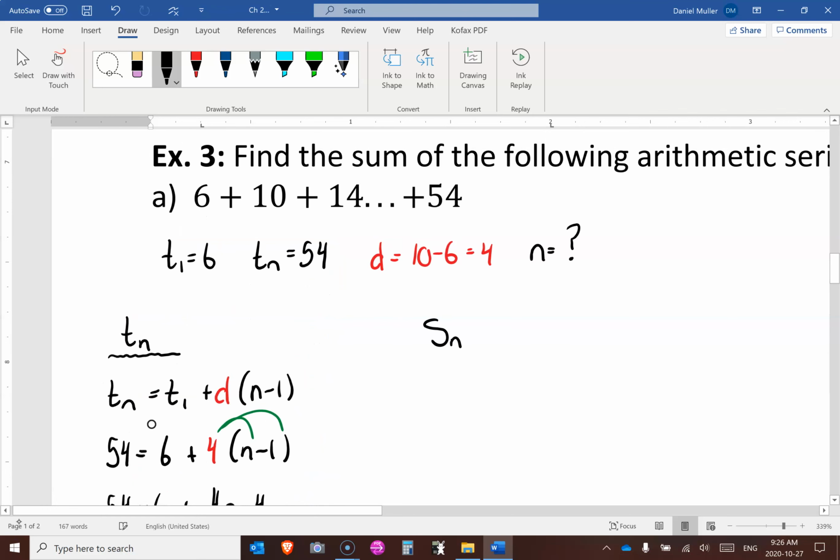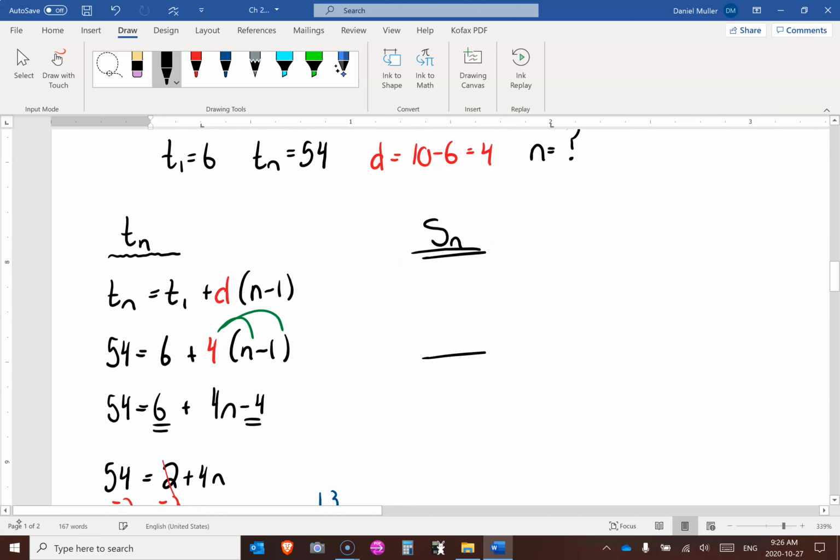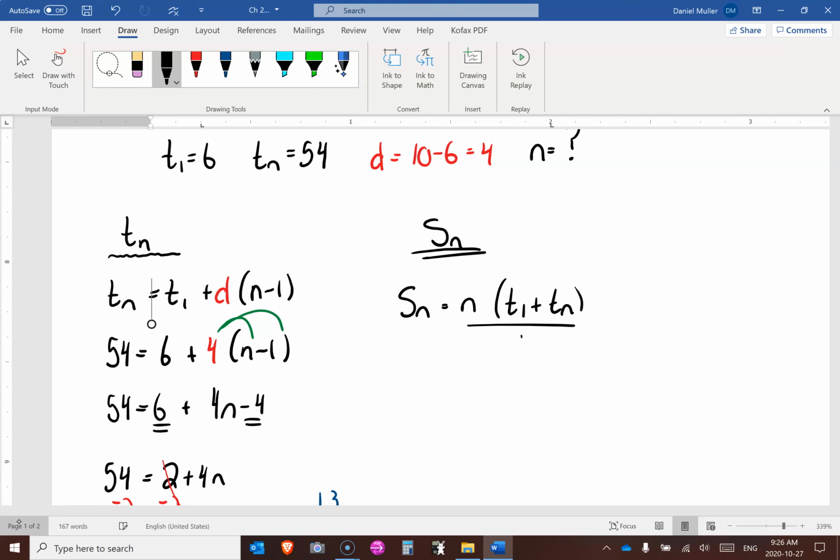So my Sn, my sum. Sn is equal to n, which I now know is 13, times the first term plus the last term, cut in half. So the sum of 13 terms is equal to 13 times the first term, 6, plus the last term, 54, cut in 2.